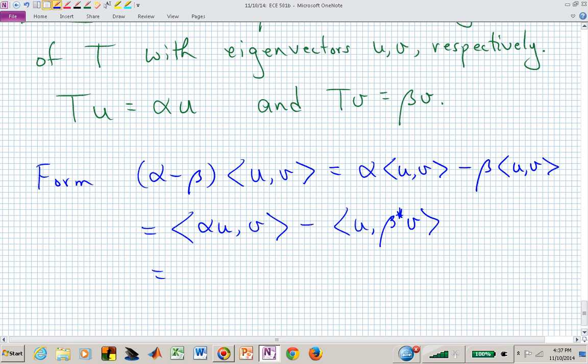We know what alpha u is in terms of the operator T. We now know that this must be the inner product of Tu with v. And what do we know about beta star times v? That's T dagger v, isn't it? So now we know that this is T dagger v.